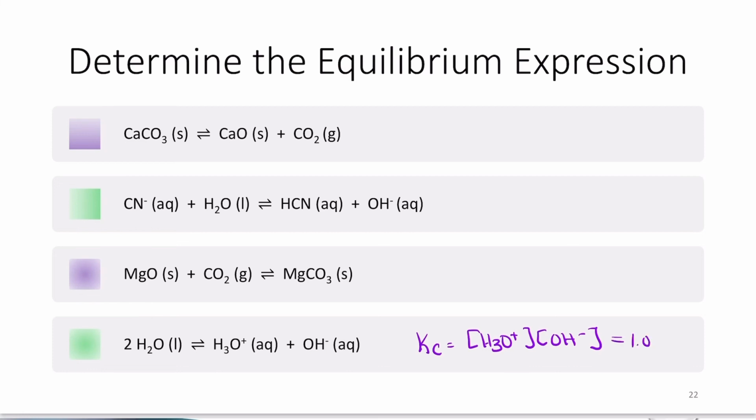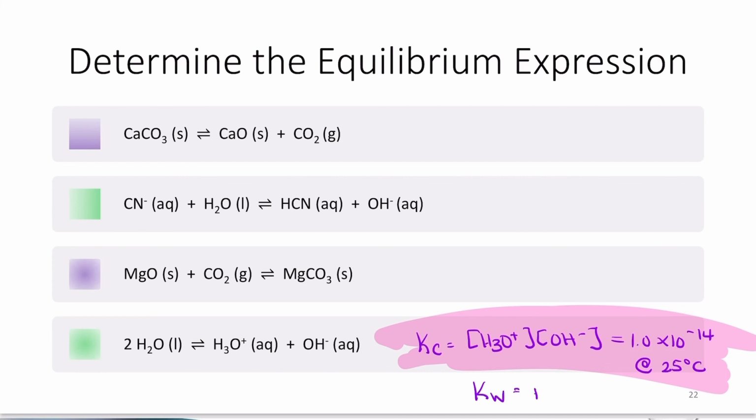It's equal to 1.0 times 10 to the negative 14 at 25 degrees C. It's called your Kw, Kw because of water. It's your K expression for water. We're going to use it a lot in your acid-base chapter. So that one's coming back in the next couple of chapters, but it's a very special case.